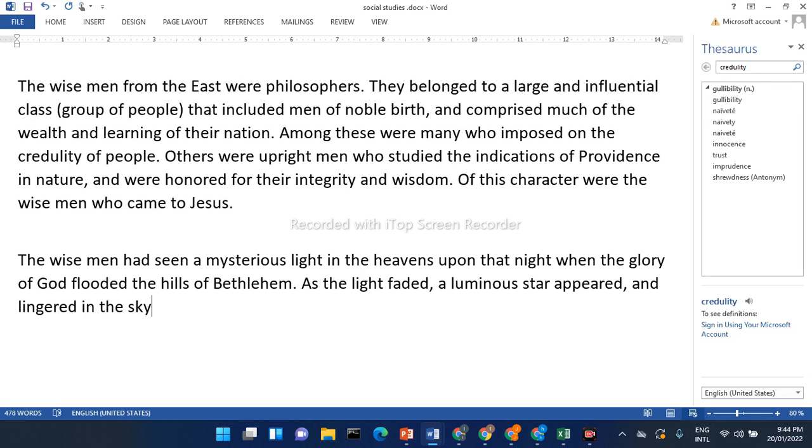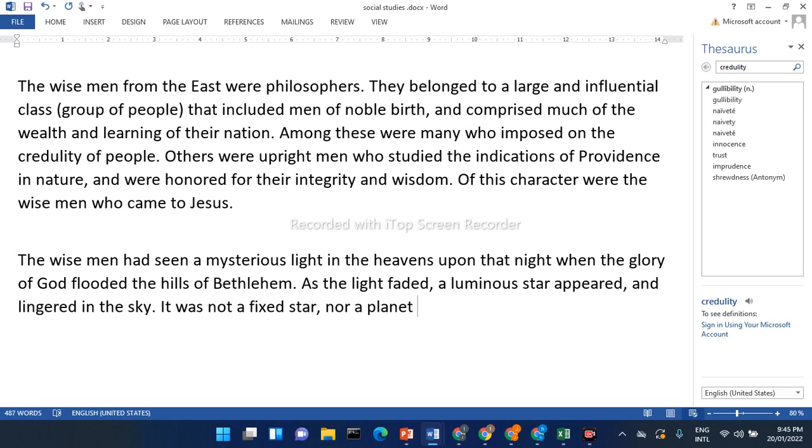We should note that more information on the star is that it was not a fixed star, nor a planet.